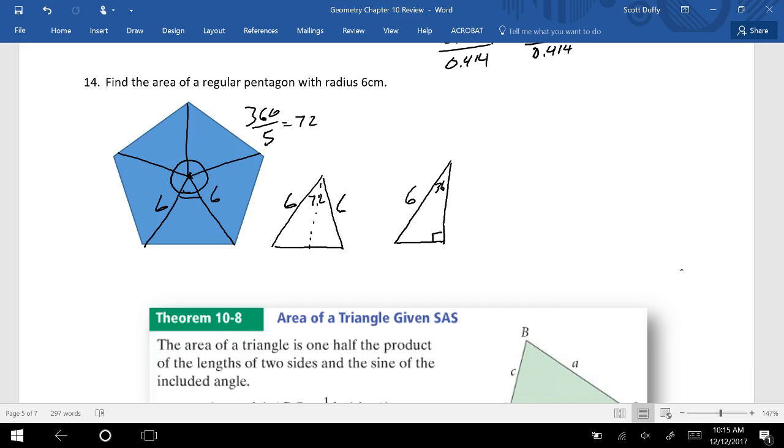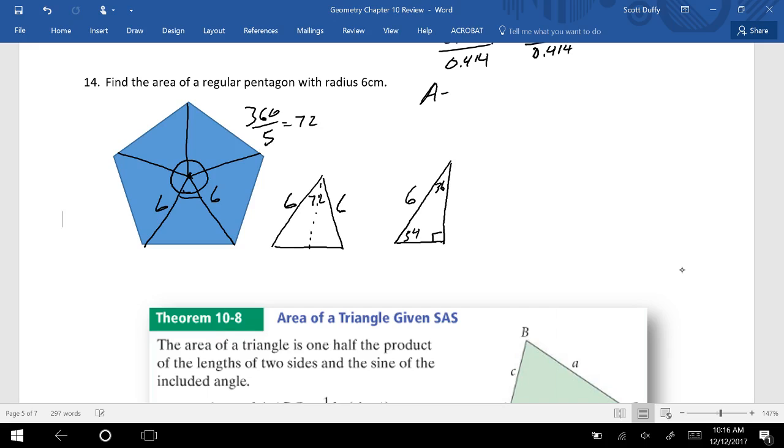And then what adds with 36 and 90 to equal 180? And this would be 54.